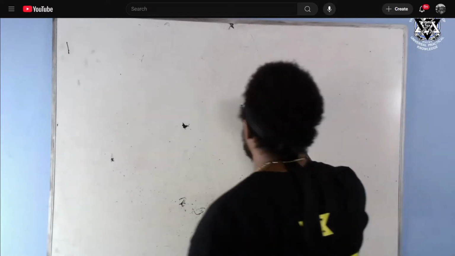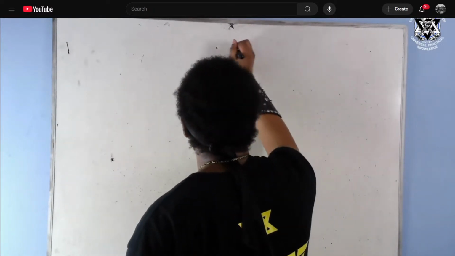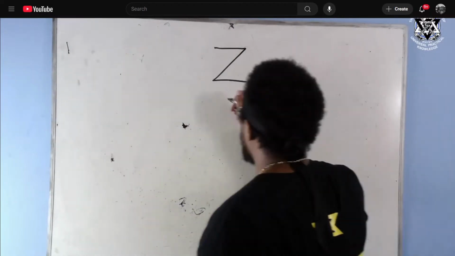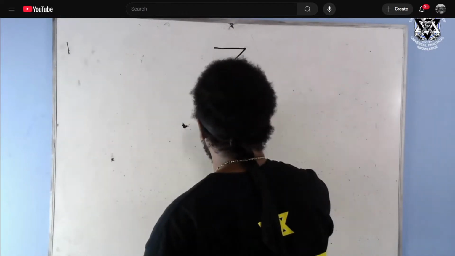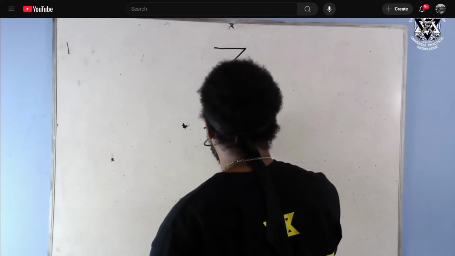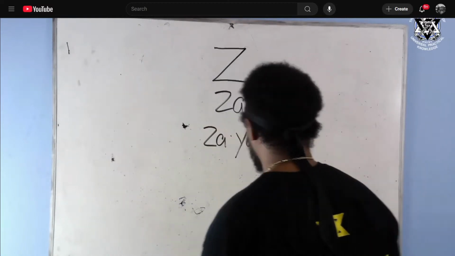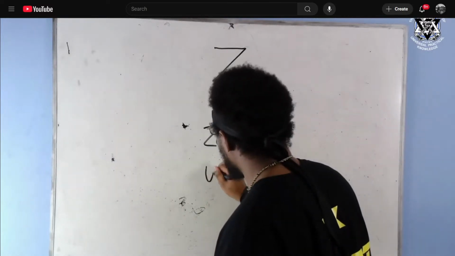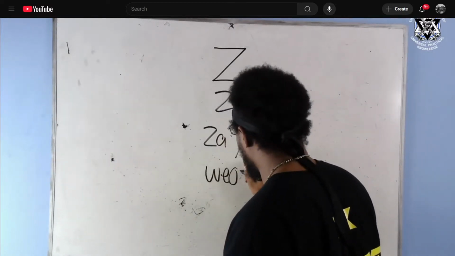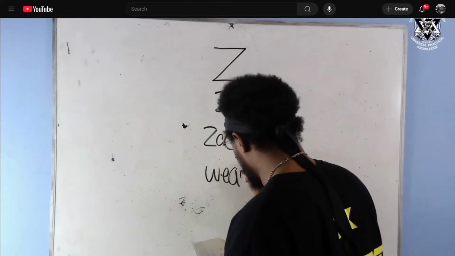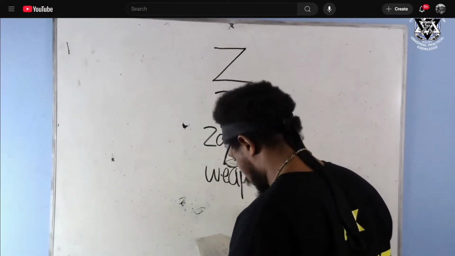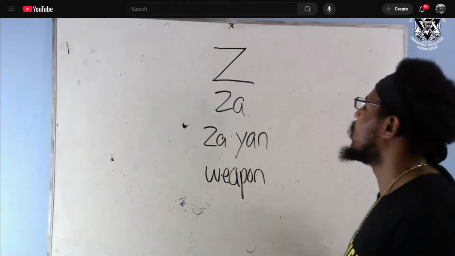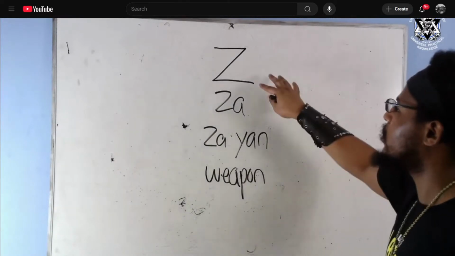And then the next character is Zion, or Za, comes from the word Zion. And Zion means weapon. So this is probably the weapon in ancient times.